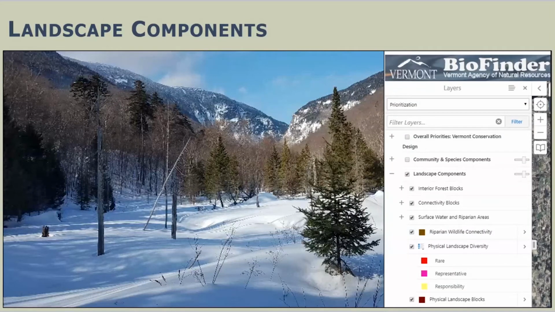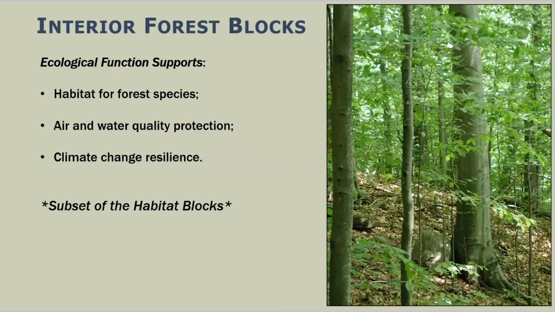So when you get into BioFinder, in the layer menu, you'll see this landscape components. If you click that, it'll open up all these other options, and we'll go through these one by one. So the first one you'll see is the interior forest blocks. We created this data set because interior forest blocks provide a special ecological function that not every forest can provide.